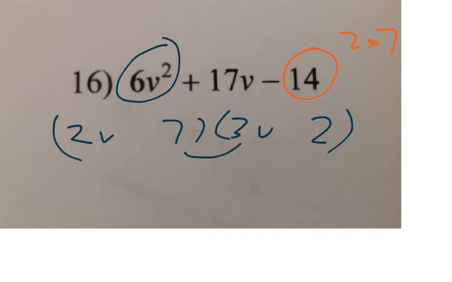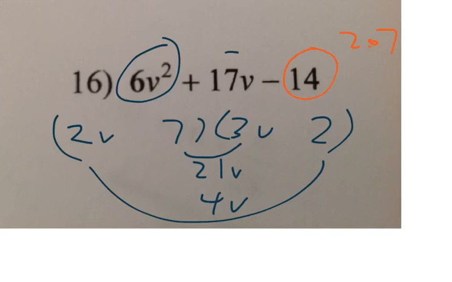So 7 times 3 is 21v. 2 times 2 is 4v. Can I get a 17 from a 21 and the 4? And the answer is yes. If I have a positive 21 and a minus 4, isn't 21 minus 4 17? So that's the key to my answer, guys.